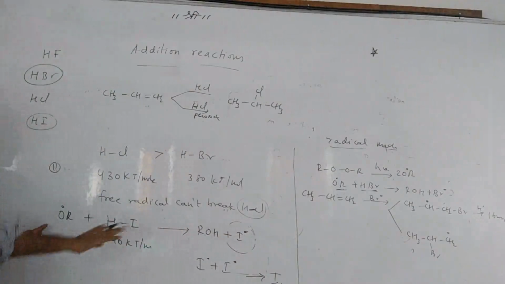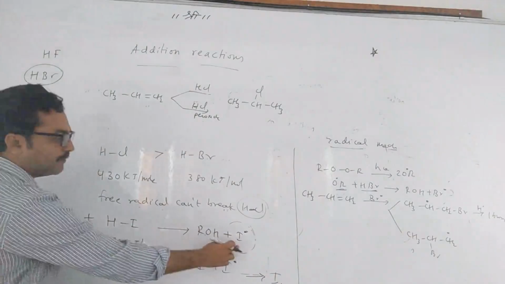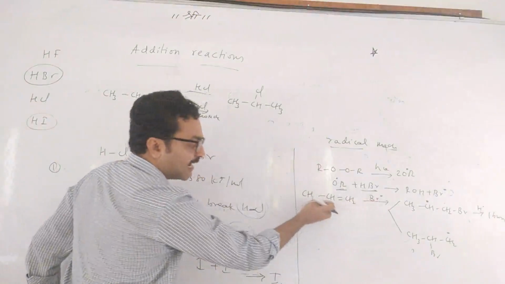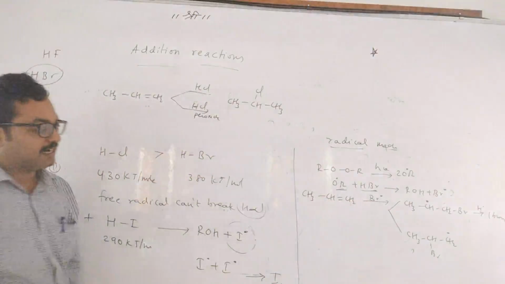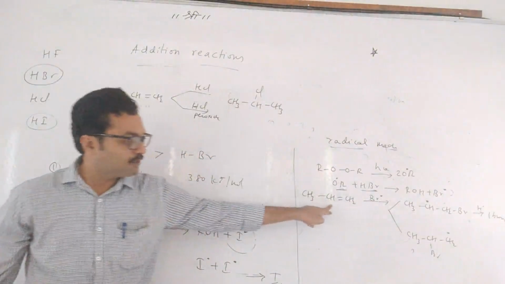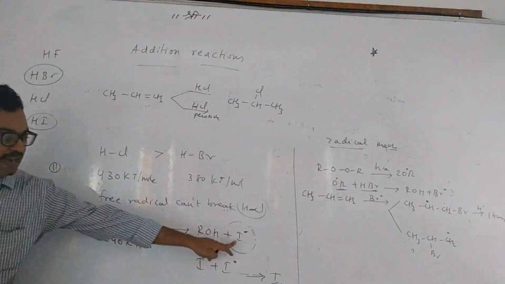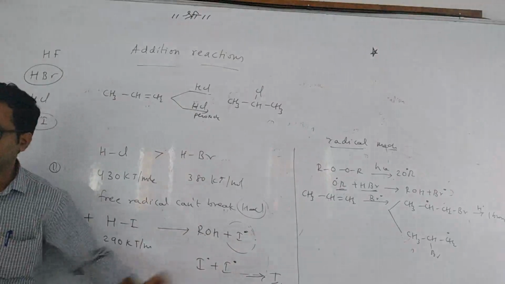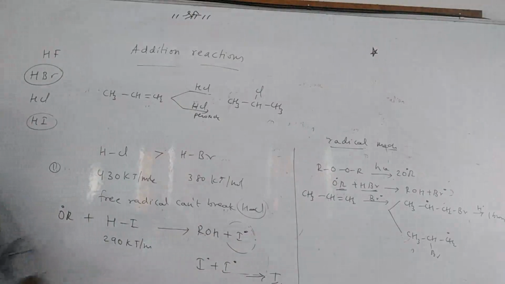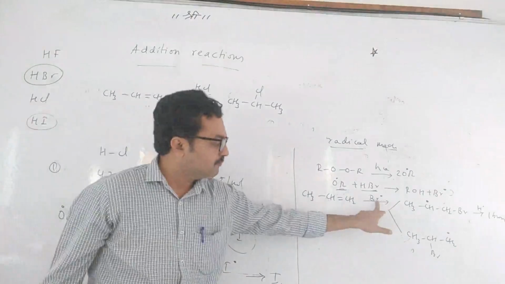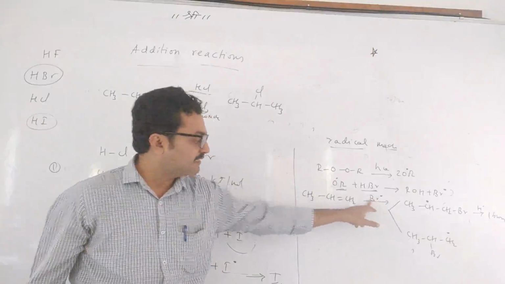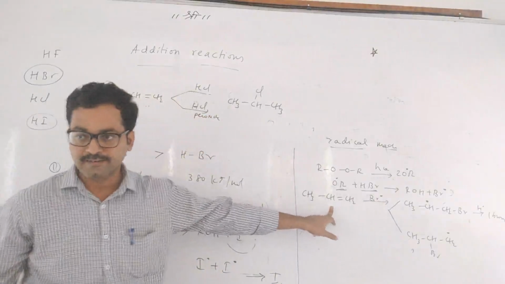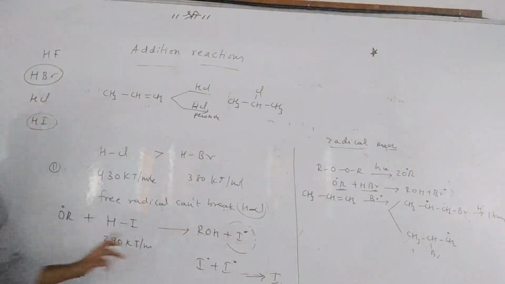It can form like this, children. But after forming, is the radical attacking the alkene? Radical is coming to the alkene, no? Here the I radical won't attack the alkene, and on its own it can combine. In the other case also a radical forms, but that radical attacks the alkene. Here the I radical does not attack the alkene.